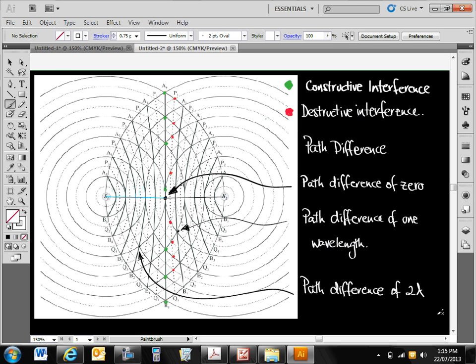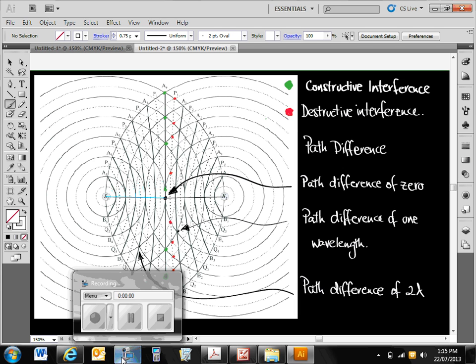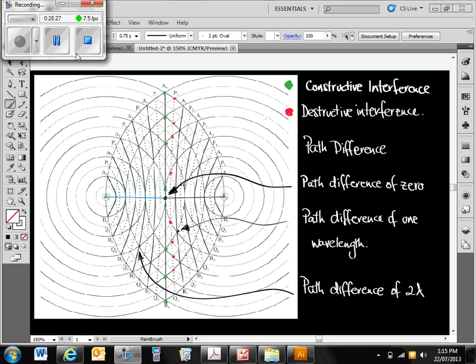Not too bad? This is a difficult diagram to understand, and we'll talk about path differences quite a bit, but in different contexts, not always in this picture. I just thought this was an easy picture to understand.